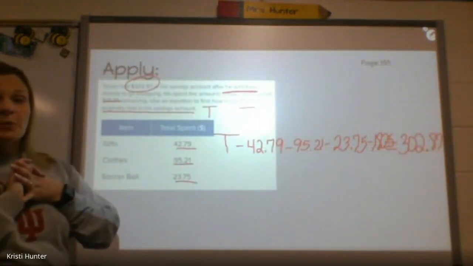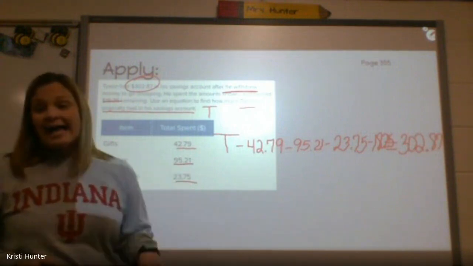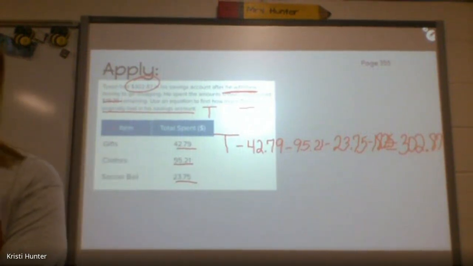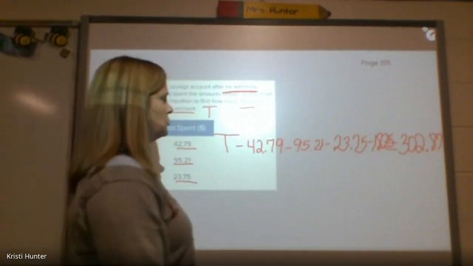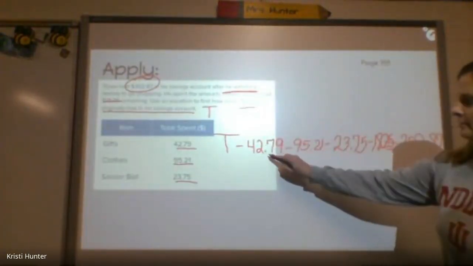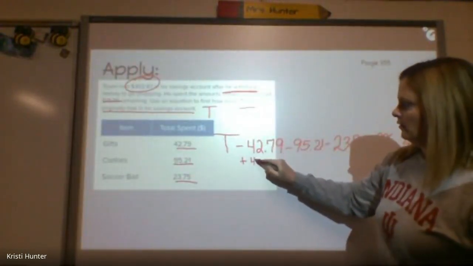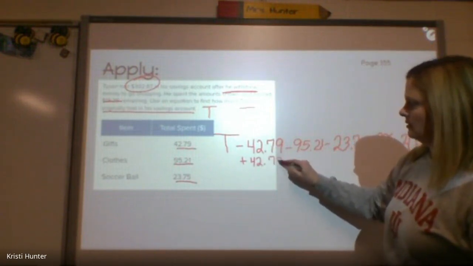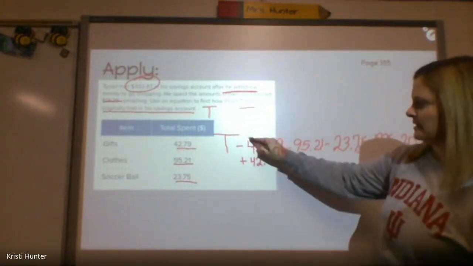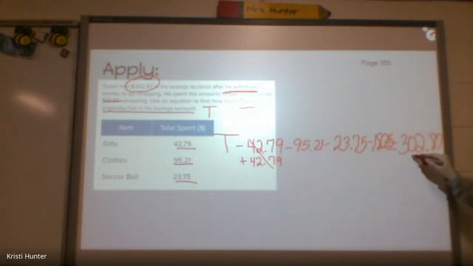So I'm going to work this out by adding each one over. So the first thing I'm going to do is add 42.79, which means that's gone, but it's got to come over here. 42.79. So I add those together.